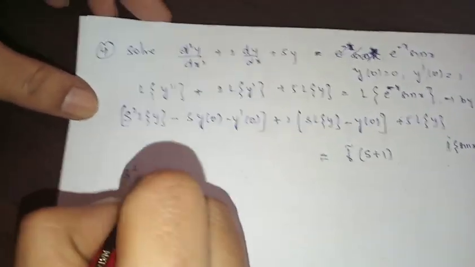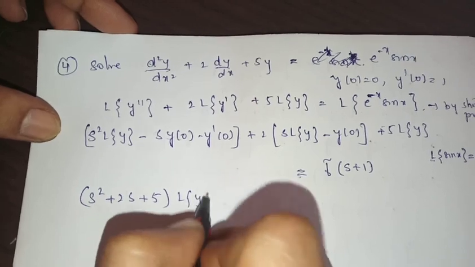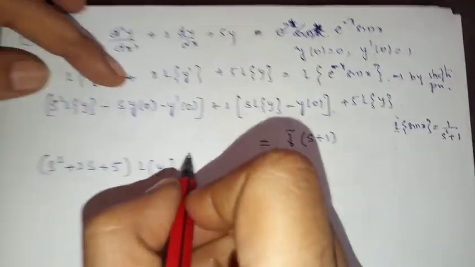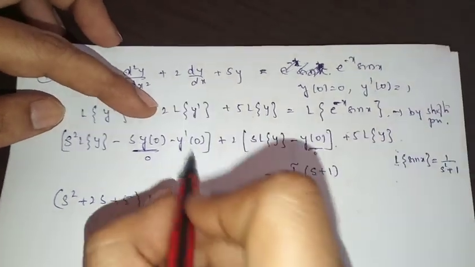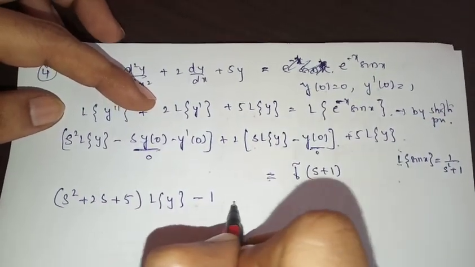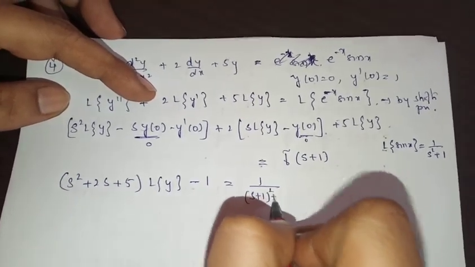So this is (s square plus 2s plus 5) times Laplace transform of y. This becomes 0, this is 0, this is also 0. Minus y dash is minus 1, is equal to 1 by (s plus 1) whole square plus 1.